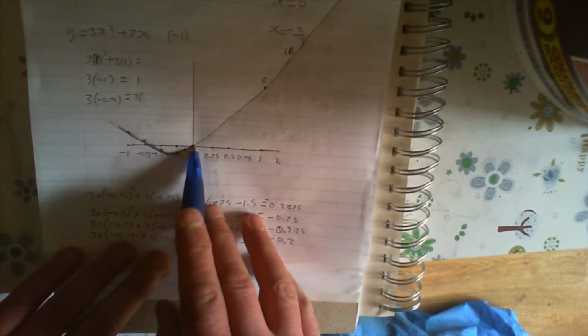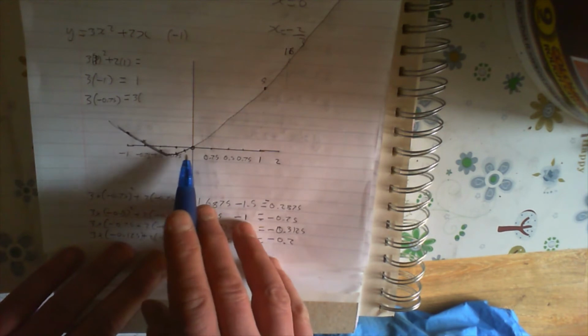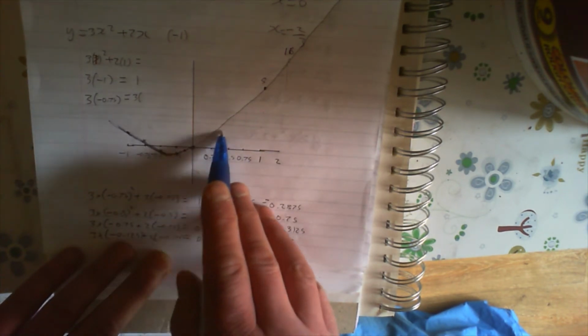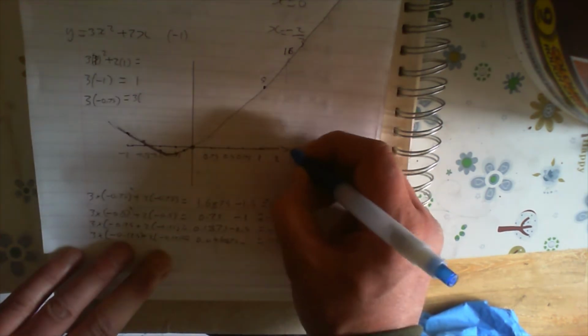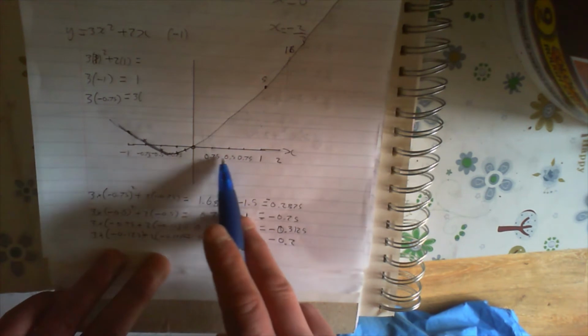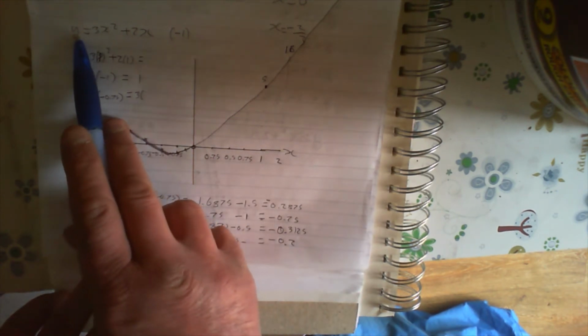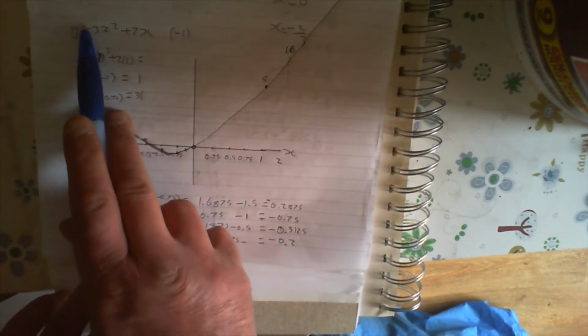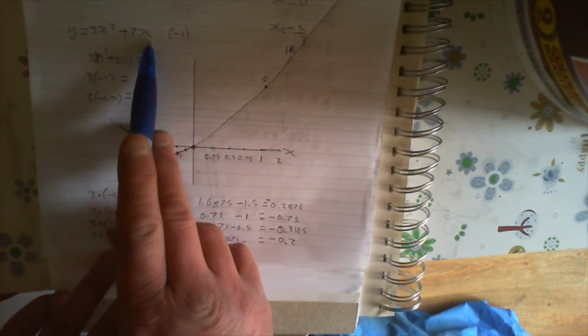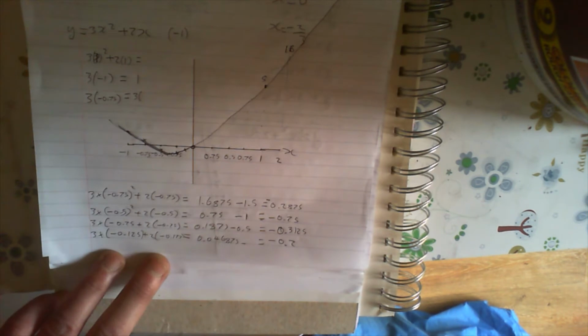Now, what is very useful at times is to find out where this equation cuts the x-axis. We will find it cuts the x-axis where this equals 0. If you set that to 0, you can find out at what value of x it equals 0. And that is useful, as I say.